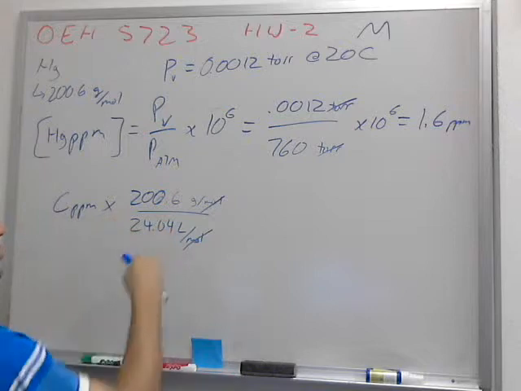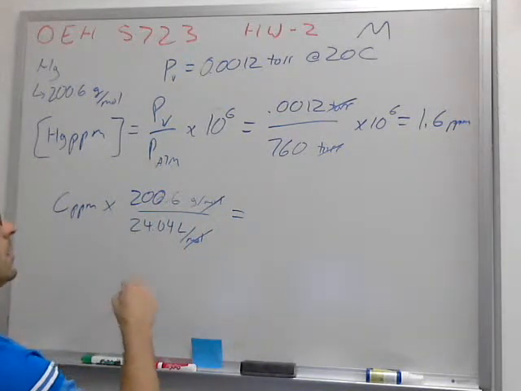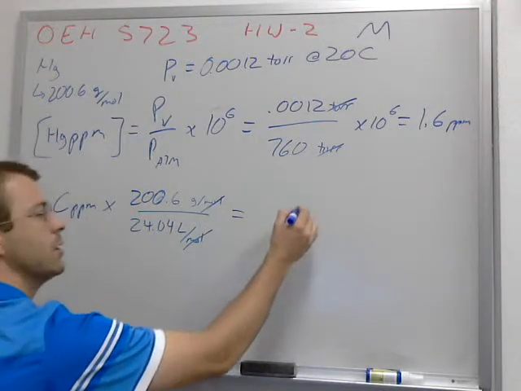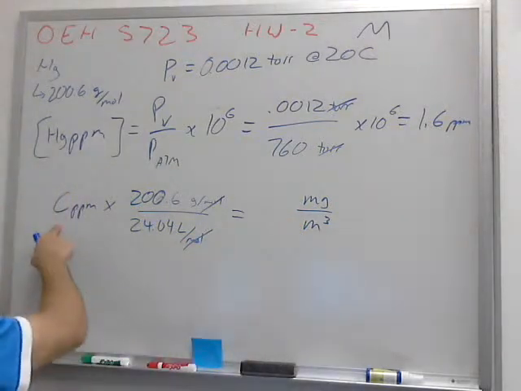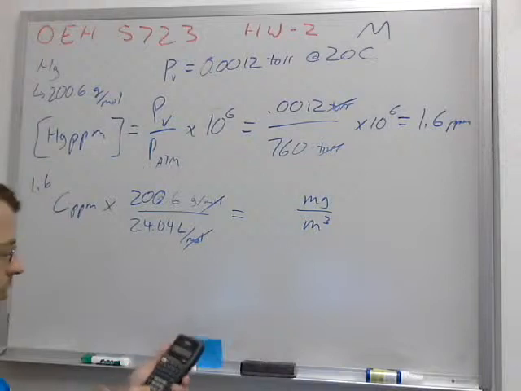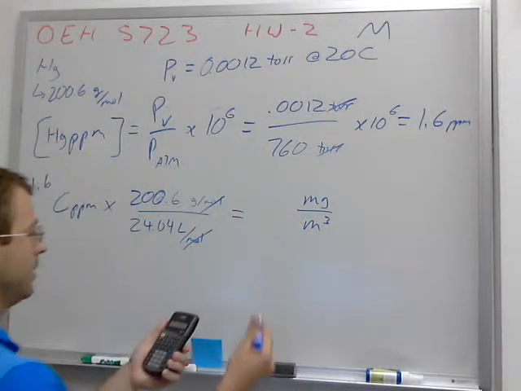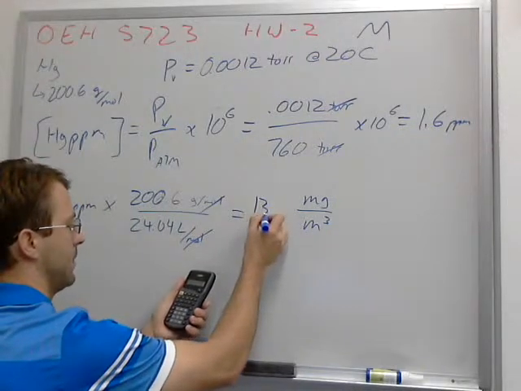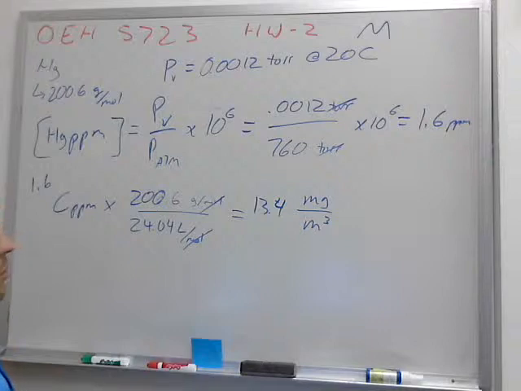And in this case, remember, this automatically has us adjusted by a factor of 1,000,000 to get out of the ppm and into milligrams per cubic meter. And so what was this concentration? It was 1.6. So we can just do 1.6 times 200.6 divided by 24.04, and we get 13.4 milligrams per cubic meter.